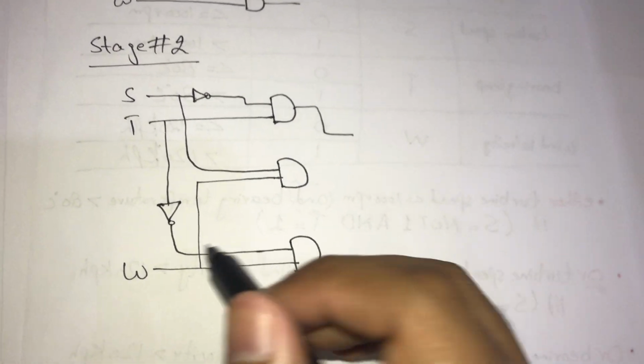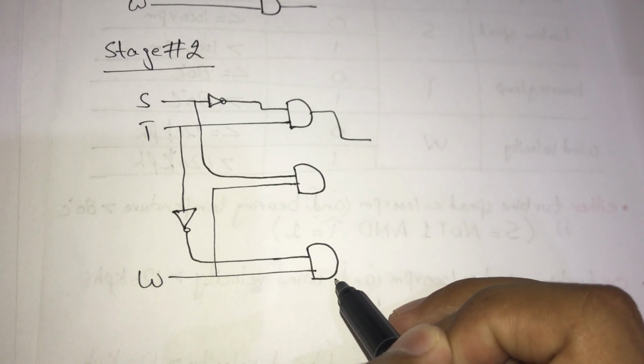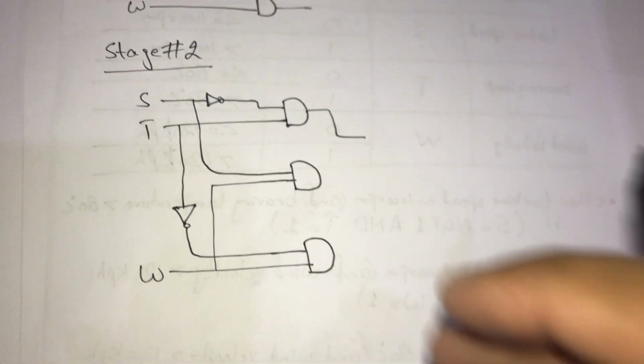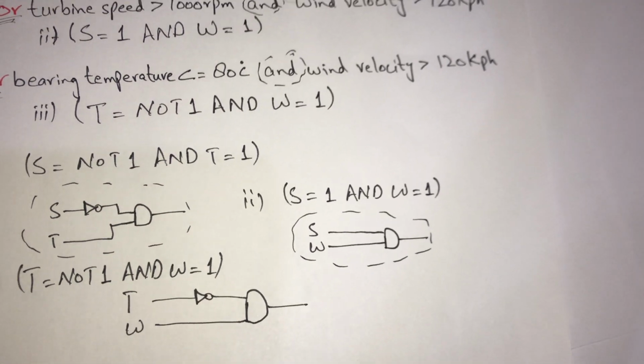So that was the NOT gate. This was condition statement 3. Now we have drawn the three statements with their logic circuits.